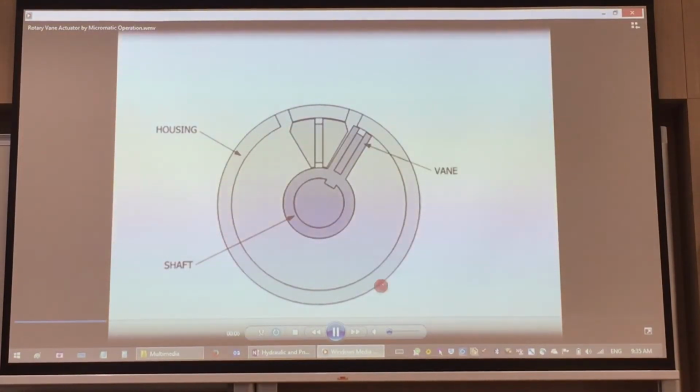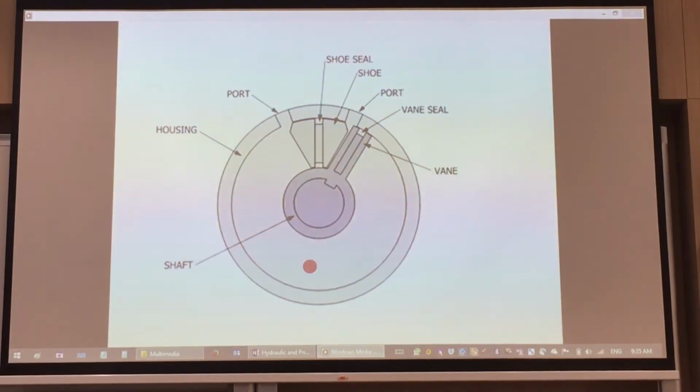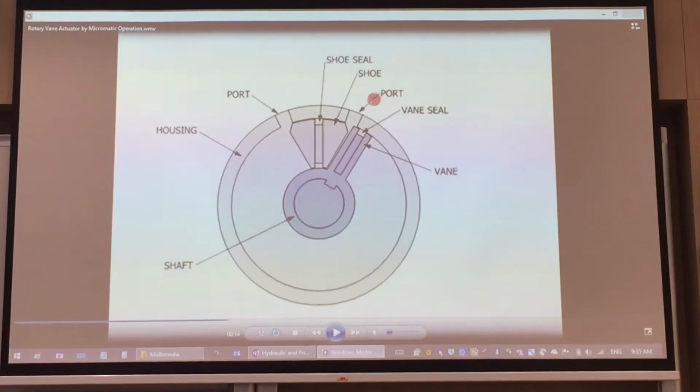So there is a housing over here, a shaft. This one is a vane that's connected to the shaft. This shoe over here is not moving. There's a seal. And there are going to be 2 ports over here. So this port here is going to be energized so that this vane here will start to rotate. So we are looking at a rotary hydraulic system. At the port here, liquid, usually hydraulic oil, will come in.